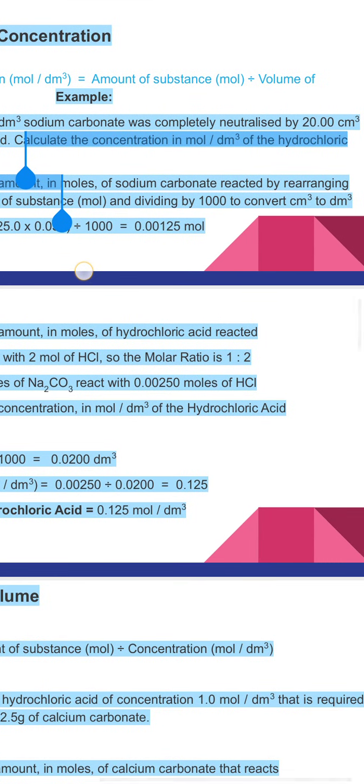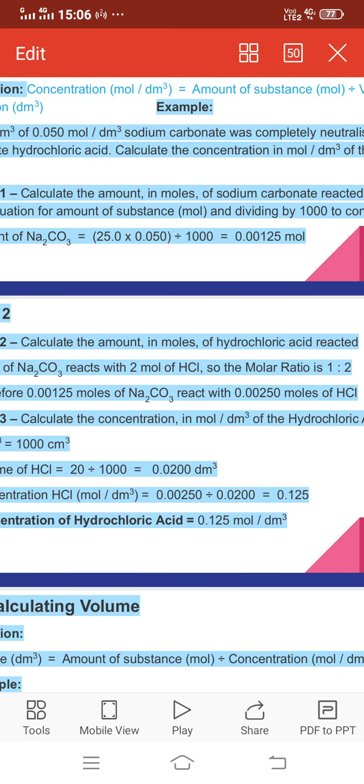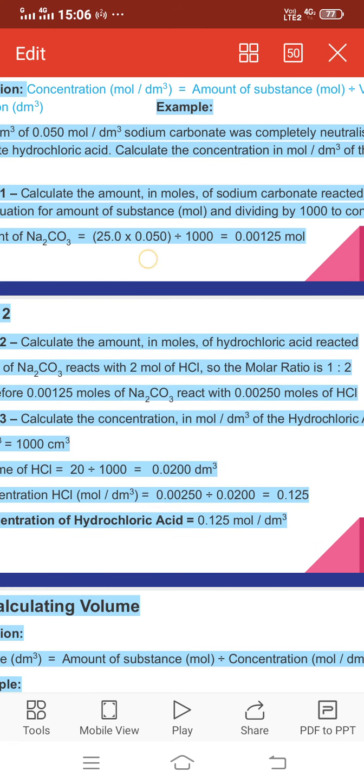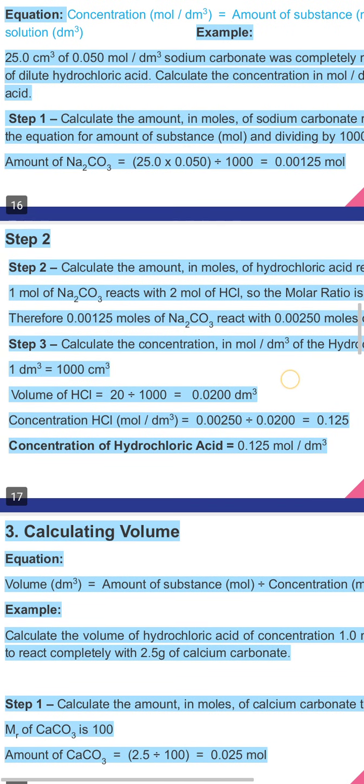So amount of sodium carbonate equals 25 times 0.050 divided by 1000, which equals 0.00125 mole.